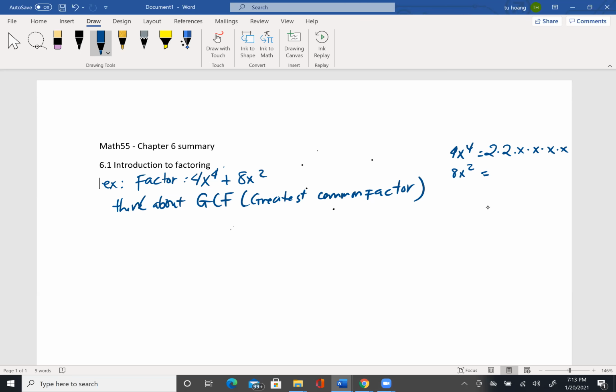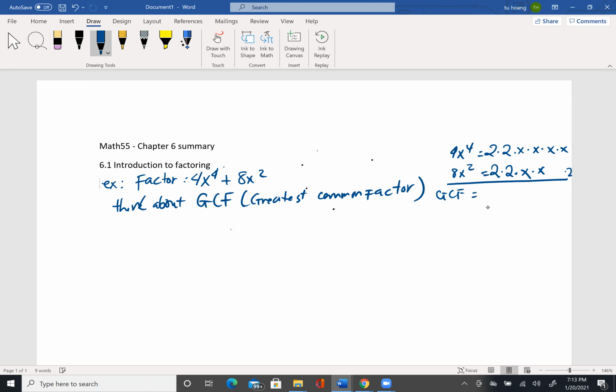And also for the 8x squared, you're gonna have 2 times 2, and times 1 more 2, right? So I'm gonna put 1 more 2 out here because I want to have the common factors in the same column, multiplied by x and x, right? x squared. So now let's see what is the greatest common factor.